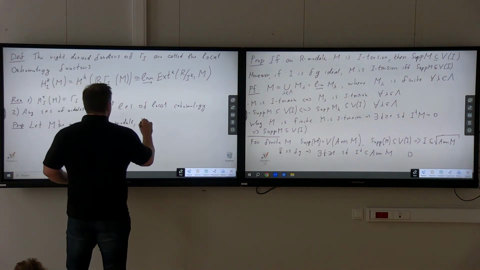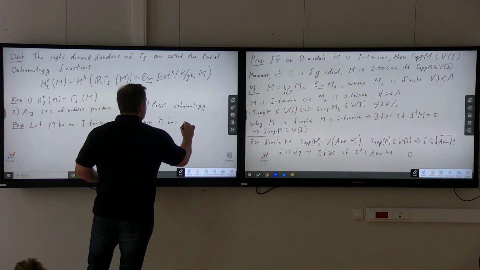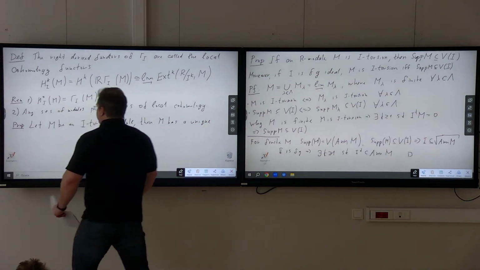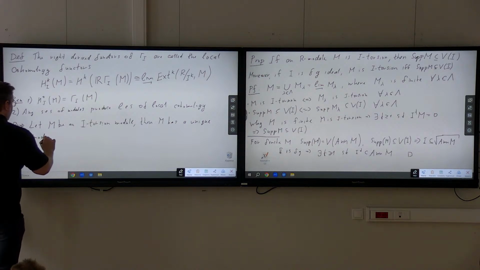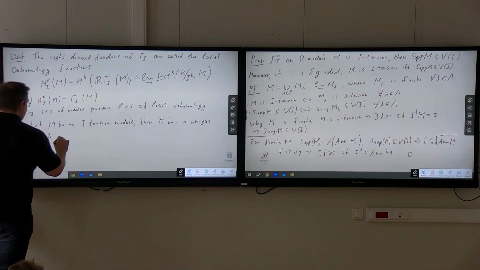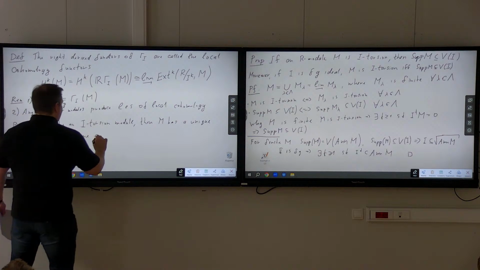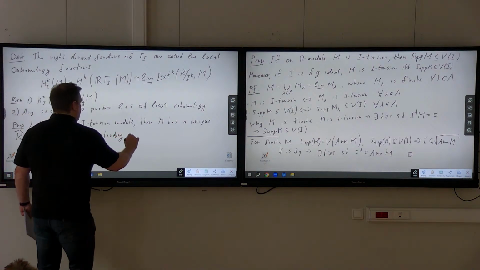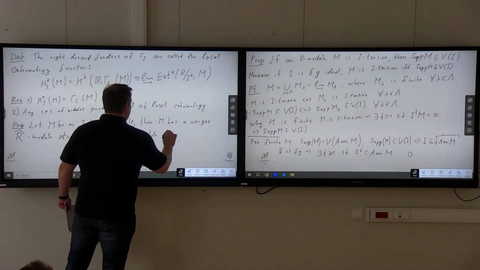And then M has a unique R hat module structure extending the R module structure.